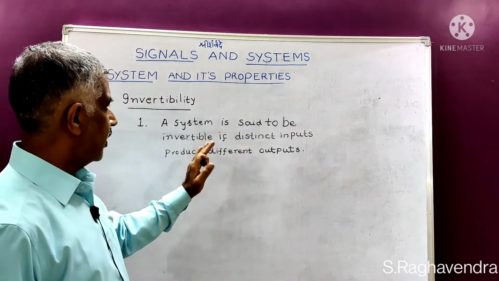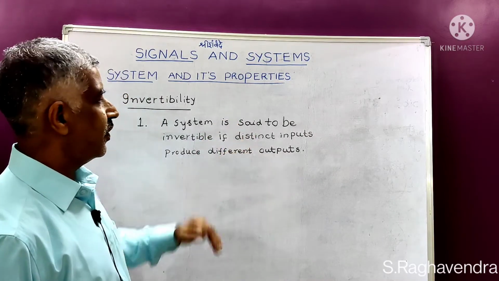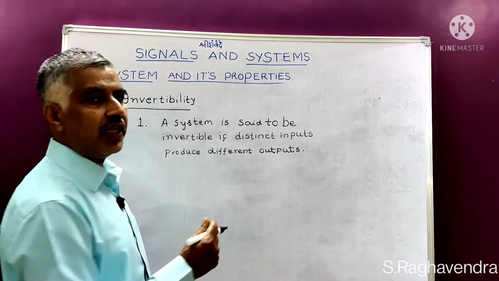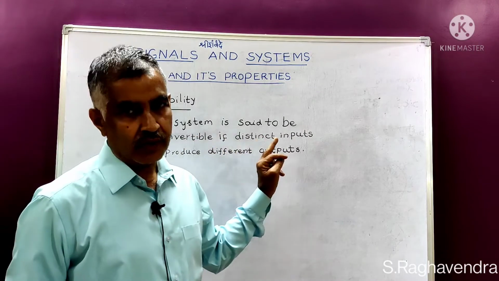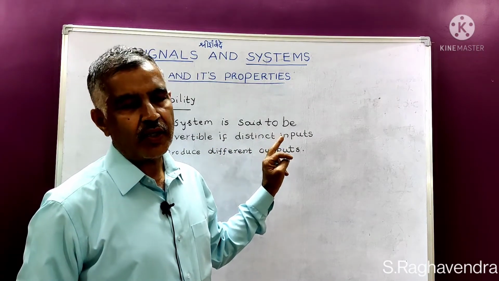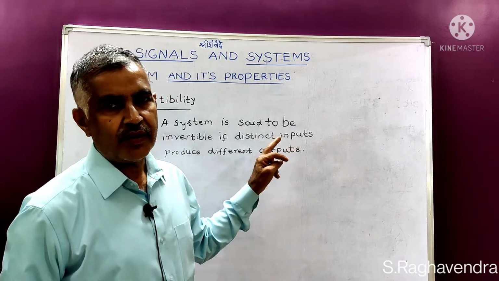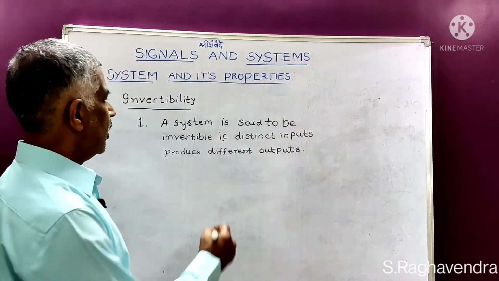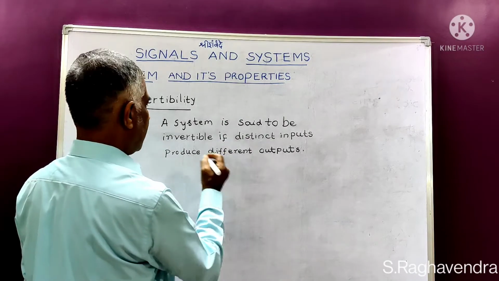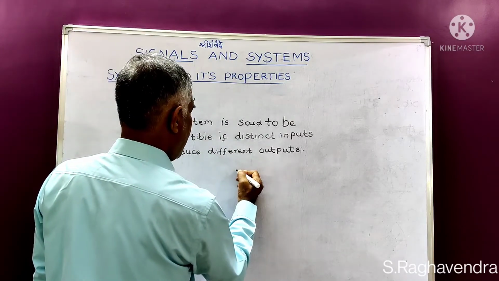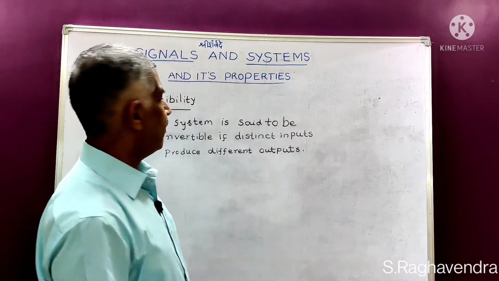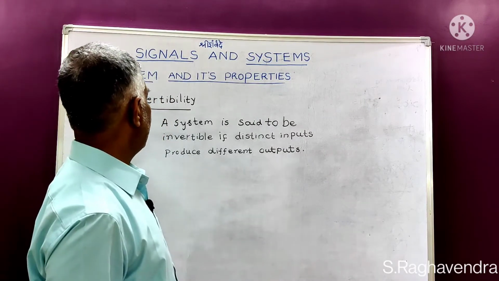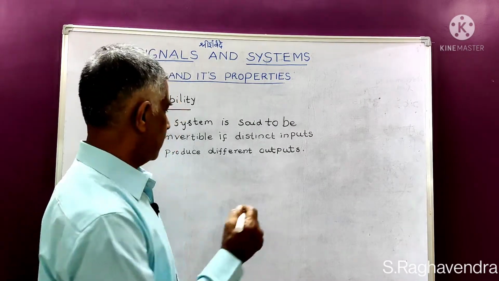I will explain under this definition with one example. This definition holds good for continuous time signal systems as well as discrete signal systems. First I will take one example where the system is non-invertible.